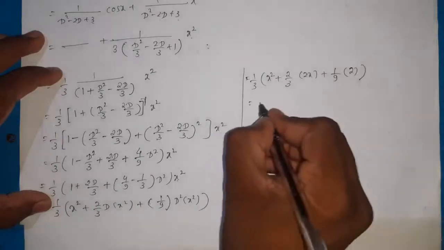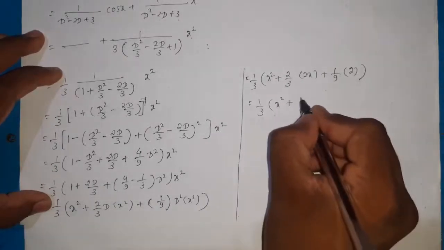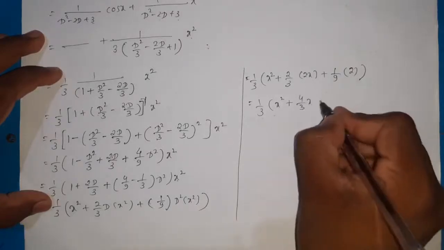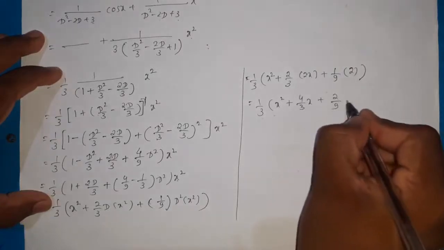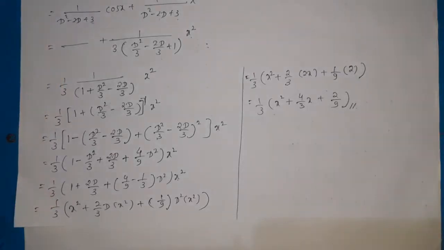Therefore 1/3 x² + 4/9 x + 2/27 is the particular integral for the second function, that is x².